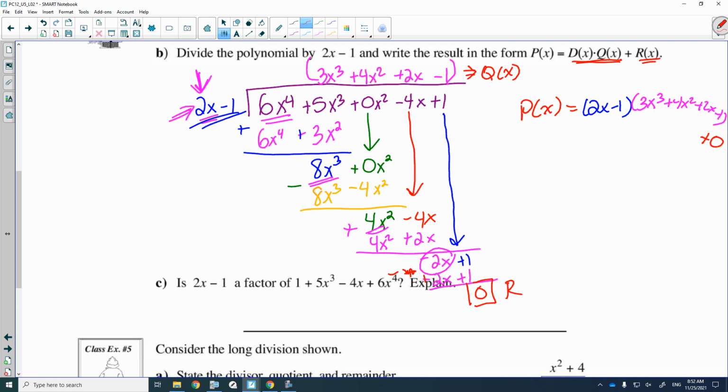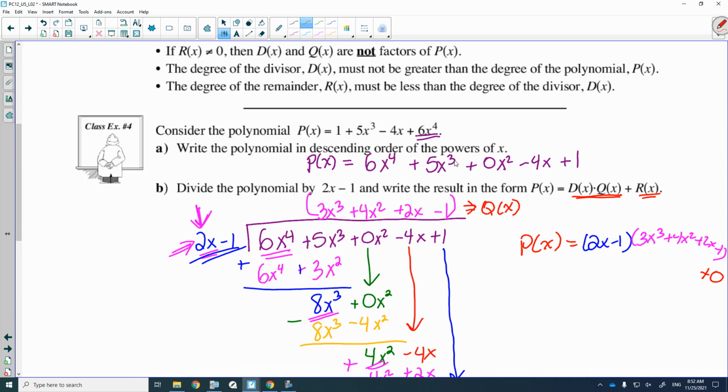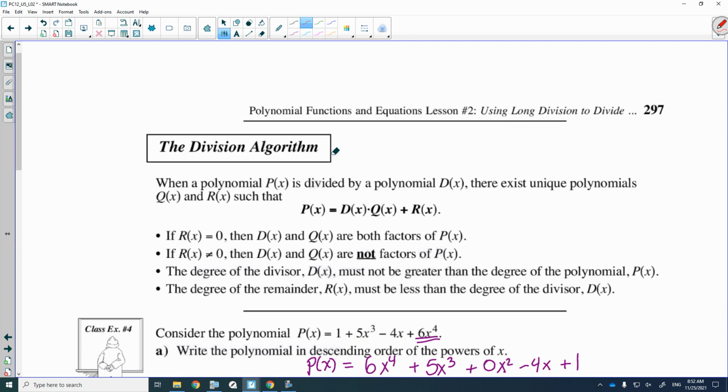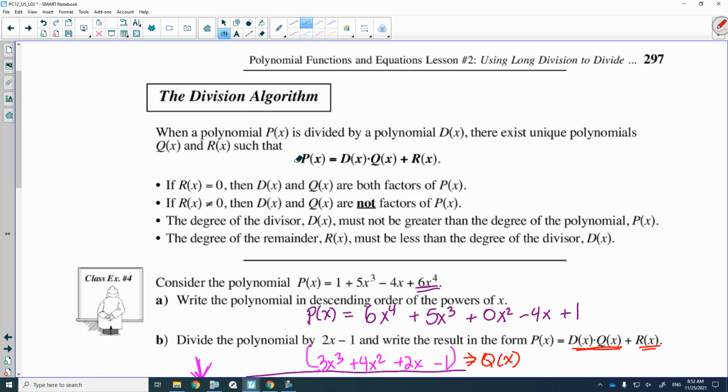Okay. With long division and synthetic division, which is going to be lesson 3, this remainder is going to be critical. And it's going to be one of two things. The remainder is either going to be 0 or it's not going to be 0. If the remainder is 0, then there's something called the division algorithm. And if the remainder is 0, here's what happens.